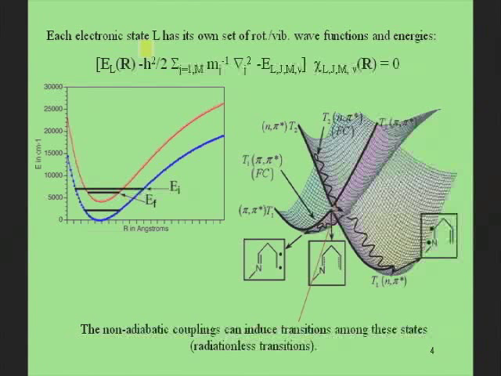So the way one actually gets these blue and red curves is you carry out a calculation at each position of the nucleus. You freeze the nuclei. You get the ground and excited and many, many more excited electronic energy levels, and then you do that repeatedly as a function of these nuclear positions to generate the blue or red potential energy curves.